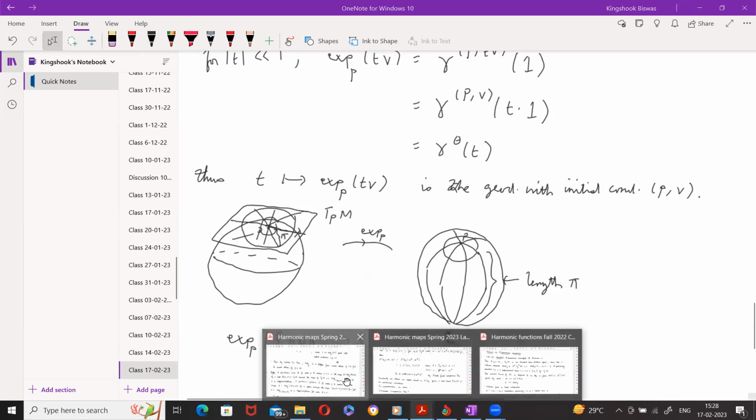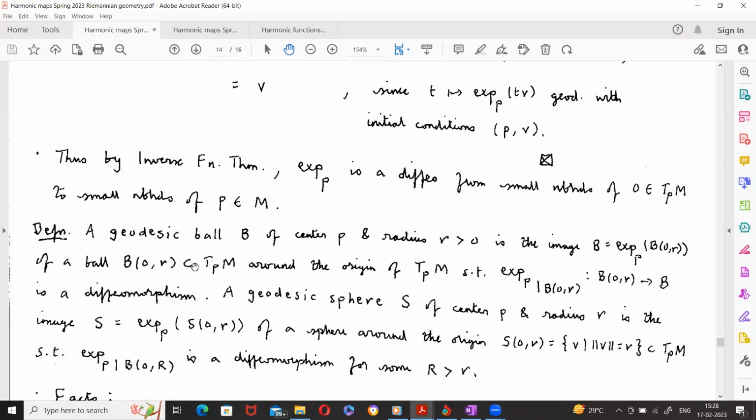So now we can make a definition. A geodesic ball B of center P and radius R is the image B equal to exp_P of B_0(R), a ball B_0(R) in the tangent space around the origin of T_P M, such that the restriction of the exponential map to this ball is a diffeomorphism onto its image.